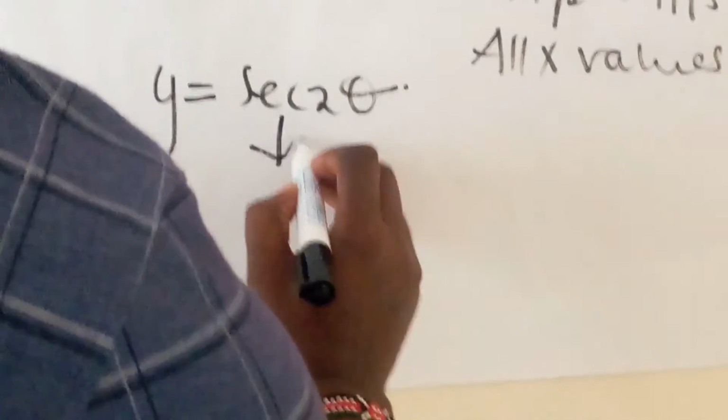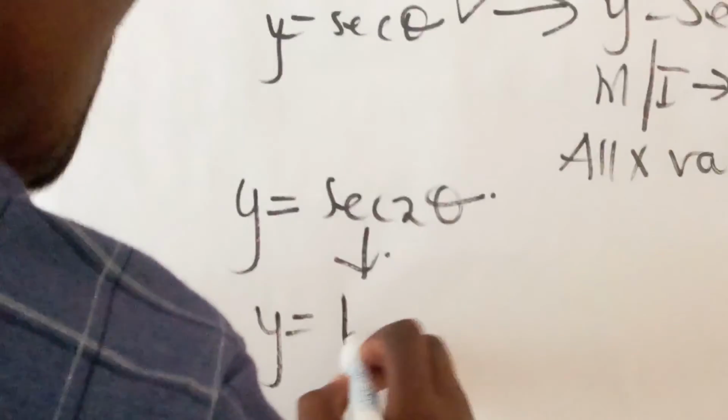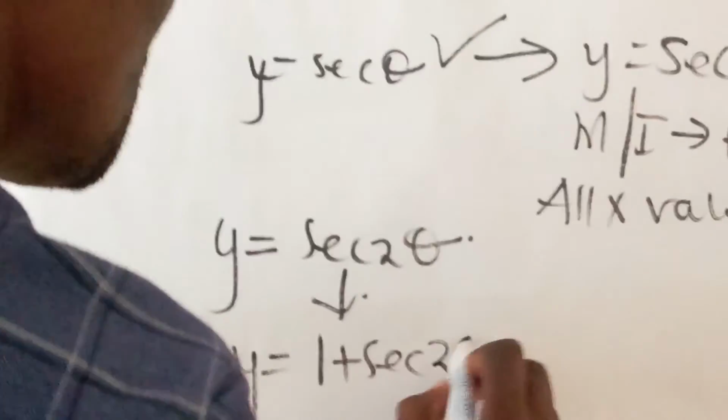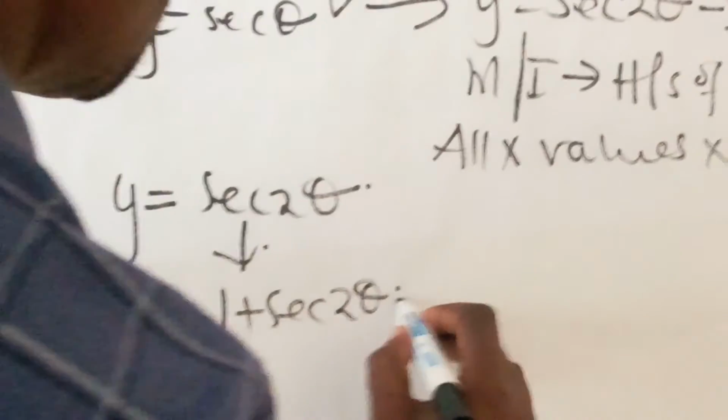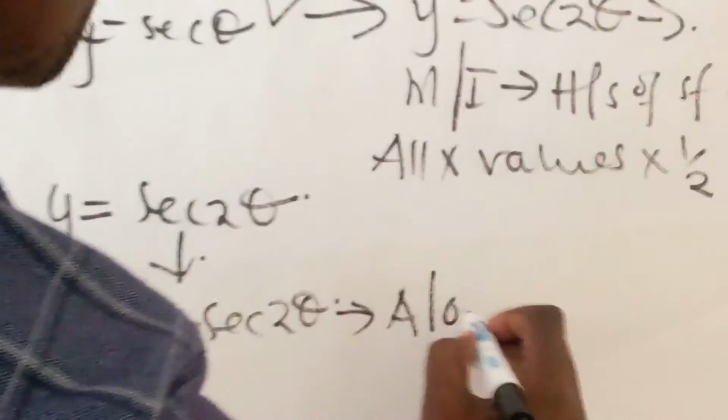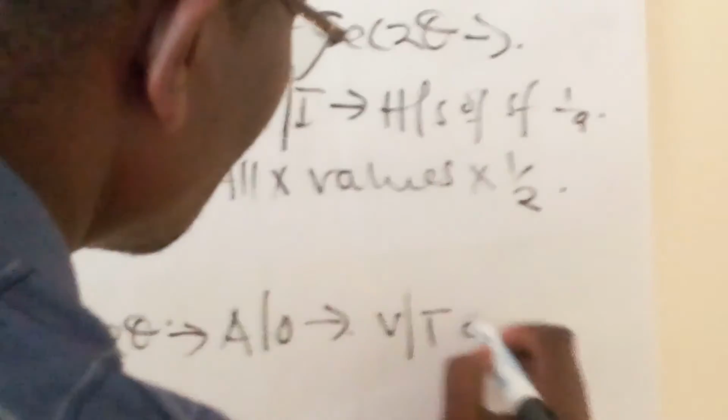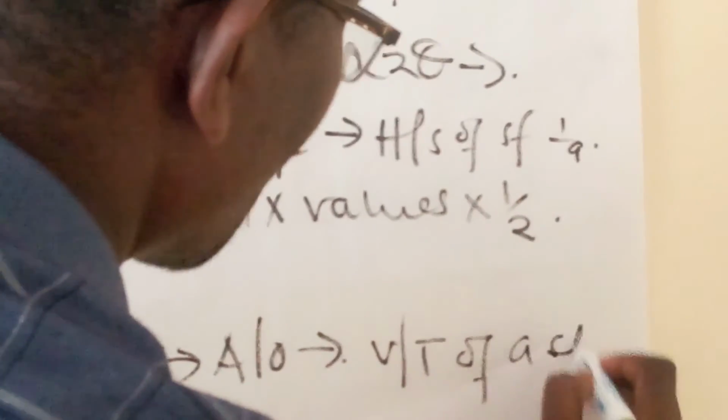Now, from this to 1 plus sec 2 theta, we have addition outside, and addition outside means vertical translation of a steps.